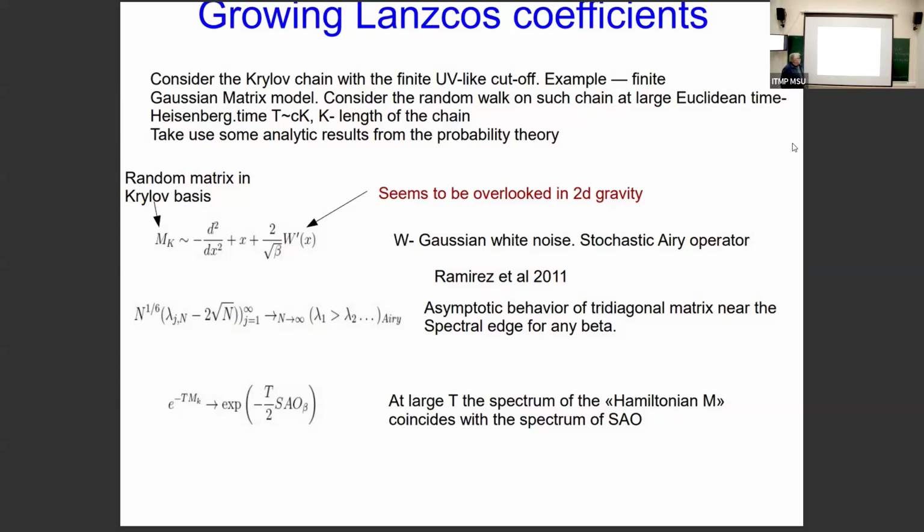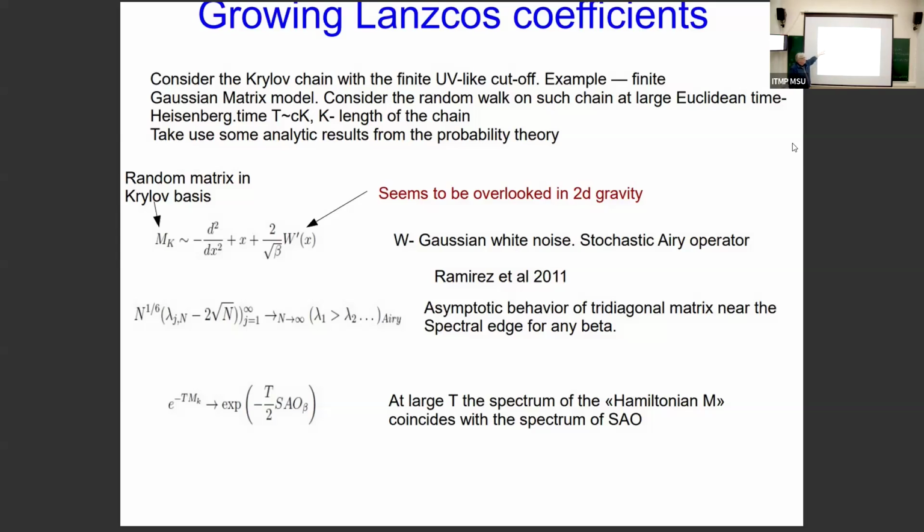And there is a mathematical theorem, a very exact result, that the spectrum of this tridiagonal matrix near the edge is related to the spectrum of this operator. So we have the spectrum of two objects, and here is the stochastic Airy operator.